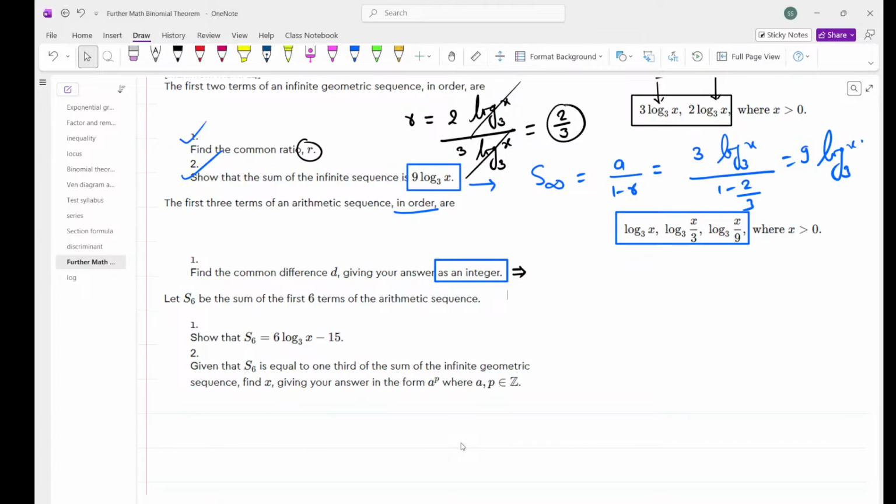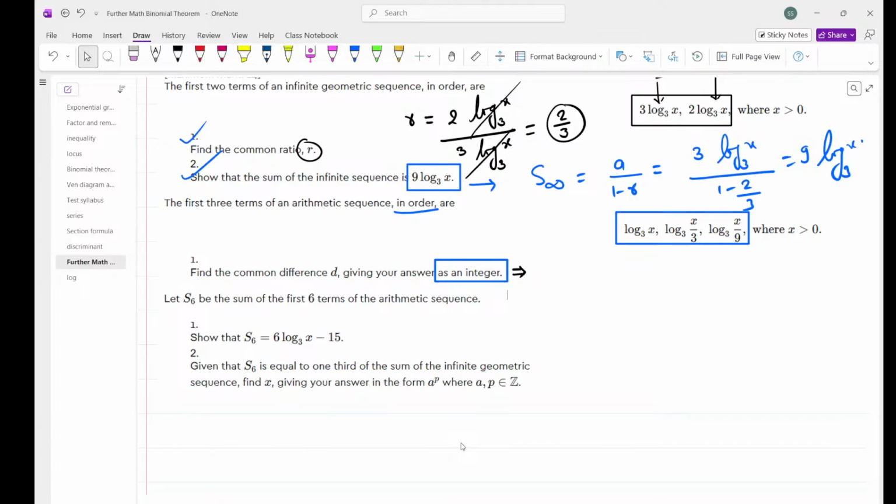3 to the power of minus 5, right? Find x, giving your answer in the form a to the power of p. 7, minus 5 over 7.